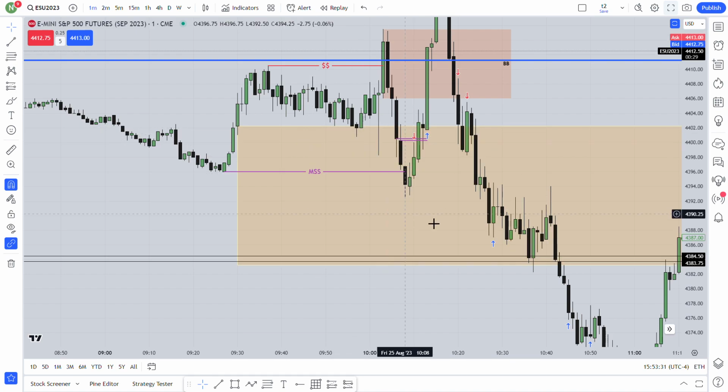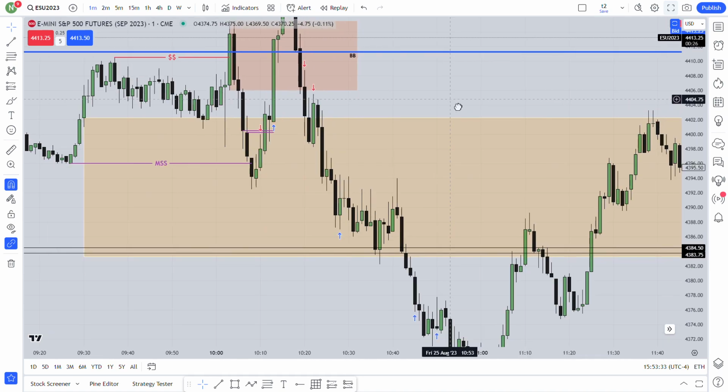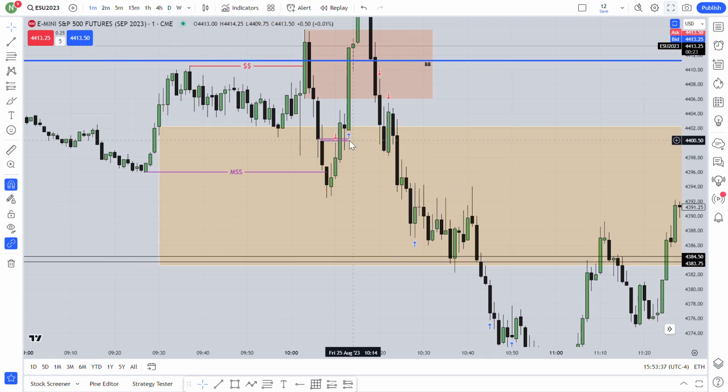Because this was the opening range gap, I was hoping that it just comes here, maybe trades this gap. I wasn't sure. I was in a hurry, so I took entry just here and put my stop loss over there, and I just took the loss.